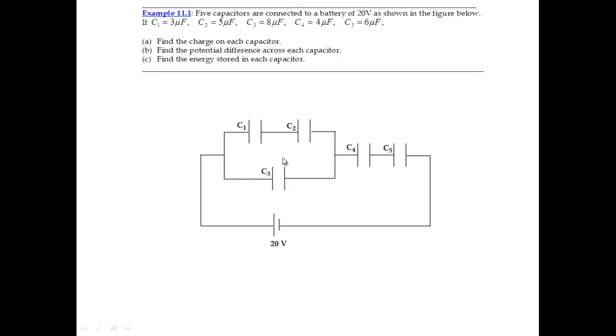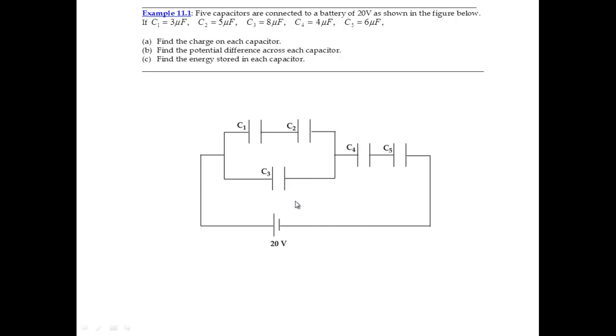So, here's an example problem similar to what you might find on the next homework assignment, and it's going to be a little bit complicated one because we have a power supply that supplies 20 volts connected to what looks to be two capacitors in series, but then that equivalent capacitor in parallel with a third capacitor.